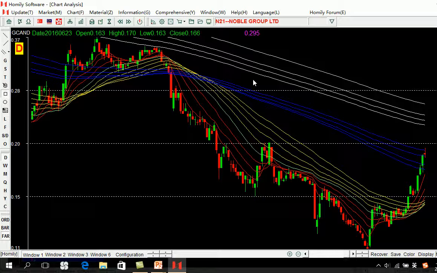Then you can see whether the price can break upward or not. Still cannot, right? So if you do some short-term trading, the price drops again. So here is the big resistance. You should sell for short-term, okay? If you still keep these stocks.